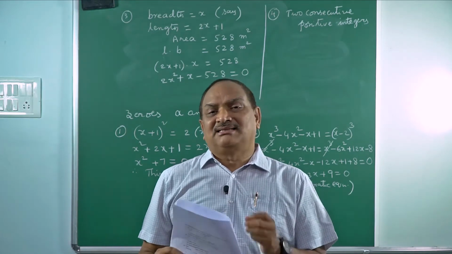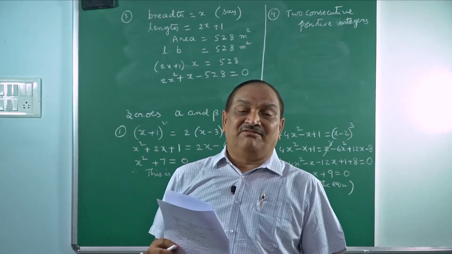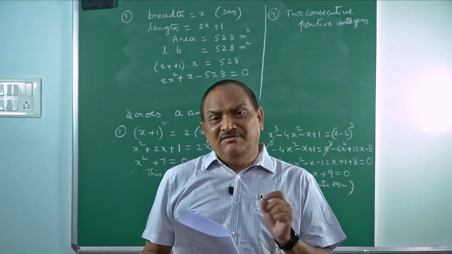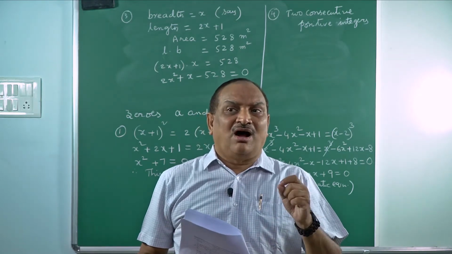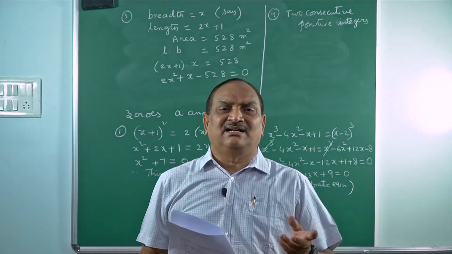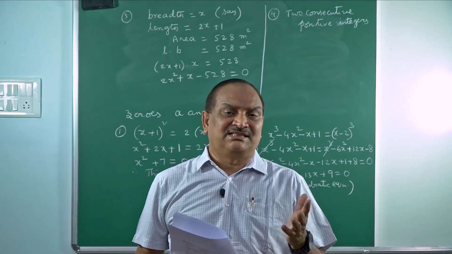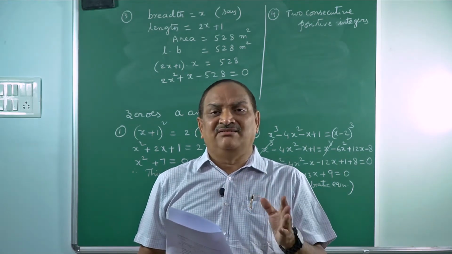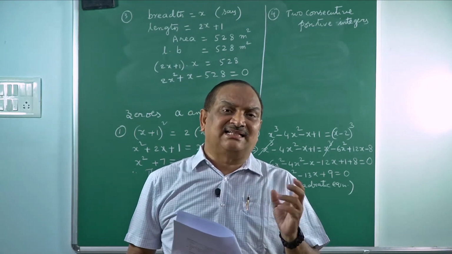But remember, sometimes if you are given two even positive integers, they differ by 2. You say one of them is x, the other one is x plus 2. Even if you are given two consecutive odd numbers, even then they differ by 2, because 1 and 3 are consecutive odd numbers, they differ by 2, 3 and 5 or 5 and 7. But here you are given only positive integers, there is nothing like even or odd, and therefore the two numbers can be x and x plus 1.